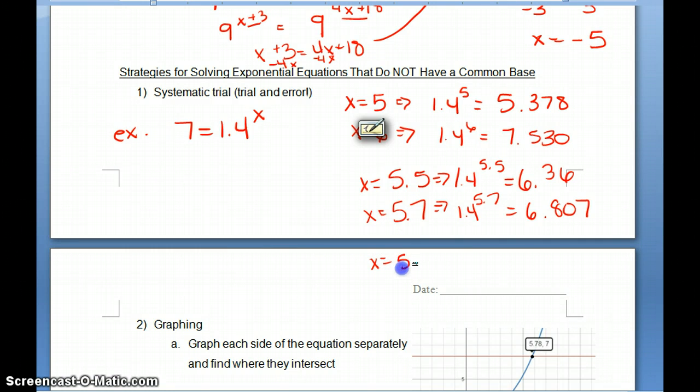Let's see what happens when we put in 5.8 for x. So let's try 1.4 to the power of 5.8 and see what you get. Put that one into your calculator. We're trying to get as close to 7 as we can, but sometimes that's not always possible. And there you should get 7.040.